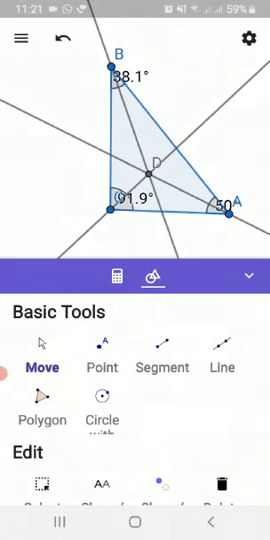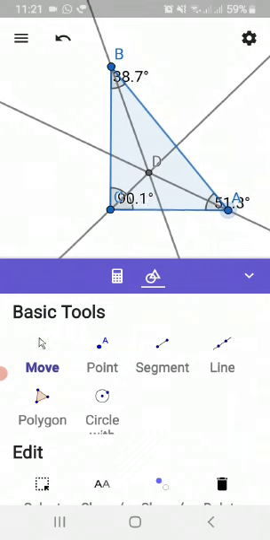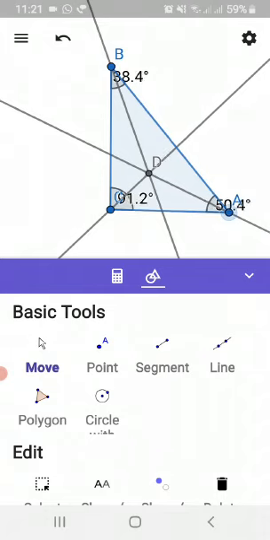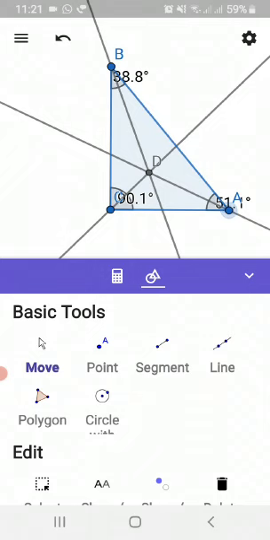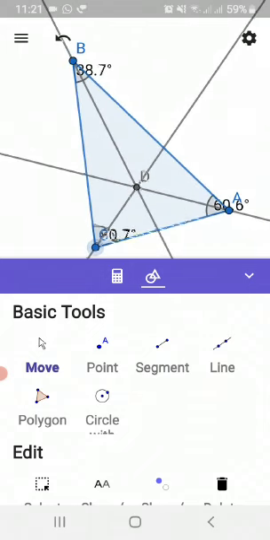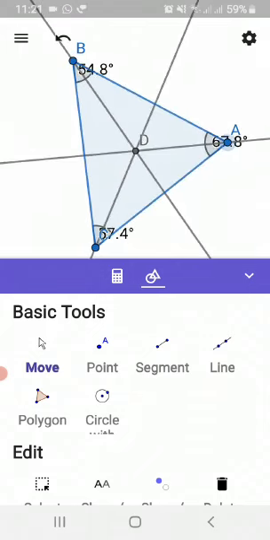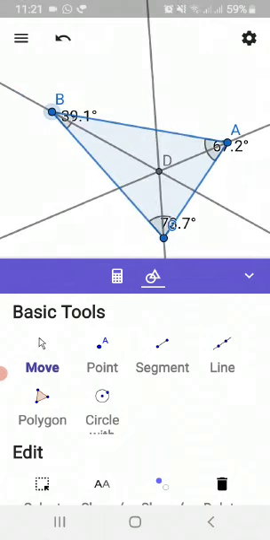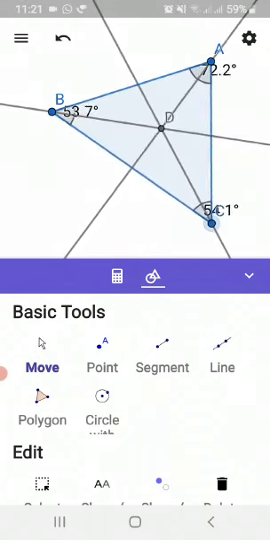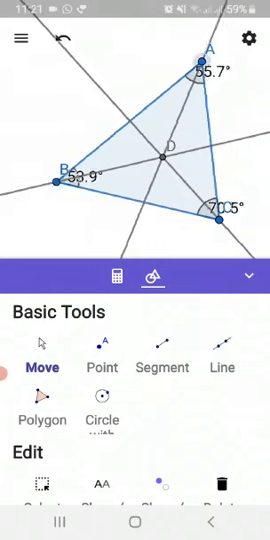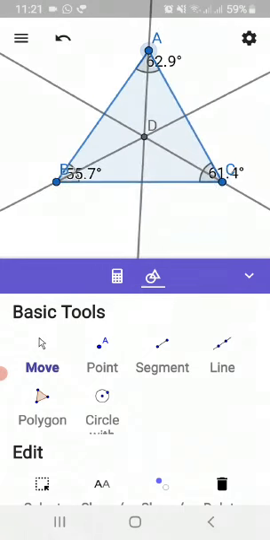Okay, so here you see that in a right triangle also the location of incenter is in the interior of the triangle, isn't it? So you can explore by using this dynamic software and write down your observations in the notebook by taking different types of triangles.